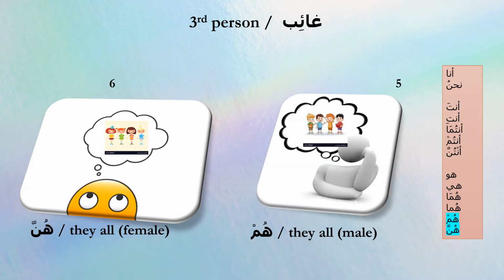Coming to the last segment of the pronouns, this is the last for the jamas, that is the fifth and sixth, separately for the male plural and the feminine plural. And remember, we have three sets: for singular, male and female; the duals, male and female; and the plurals, male and female. Memorize like this, and you should memorize the pronouns as they come in this list.